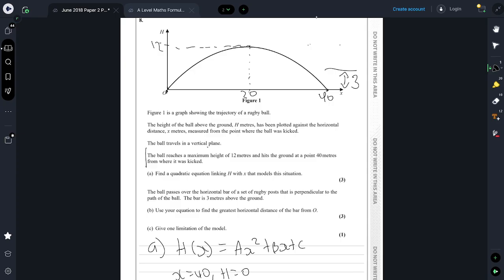Use your equation to find the greatest horizontal distance of the bar from O. Find the greatest horizontal distance. So really, it's asking essentially, well, the ball passes over the bar.